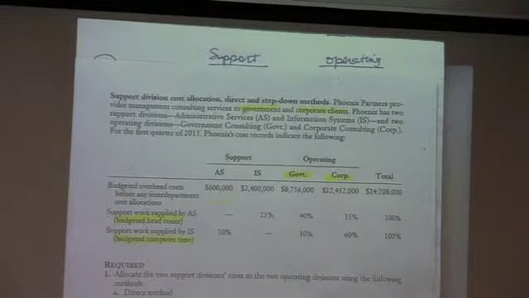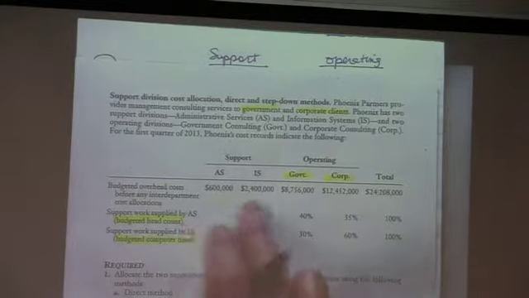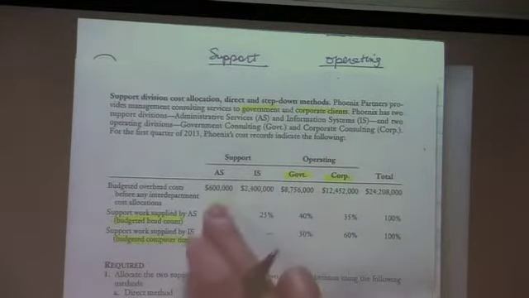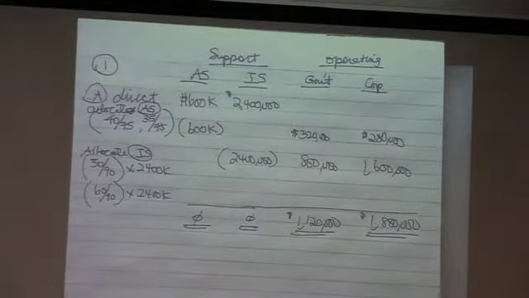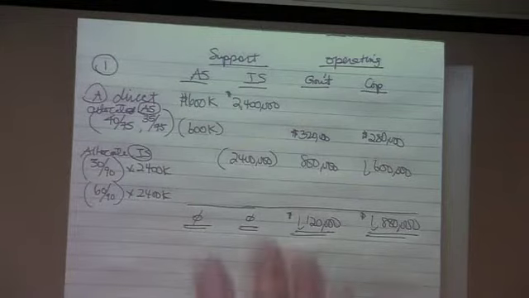It could be some random non-financial measurement or metric to allocate that $3 million. And that's what we've learned. But now we're going to use these three methods to perhaps make some sense out of how we allocate such a large pool of support costs, and how we do that to each of the operating departments.